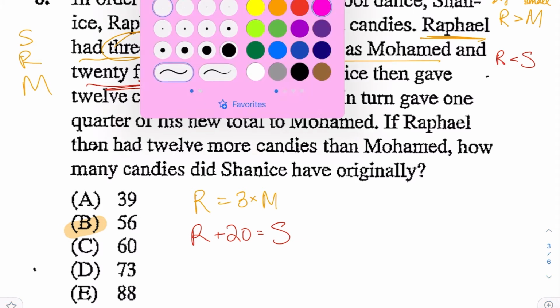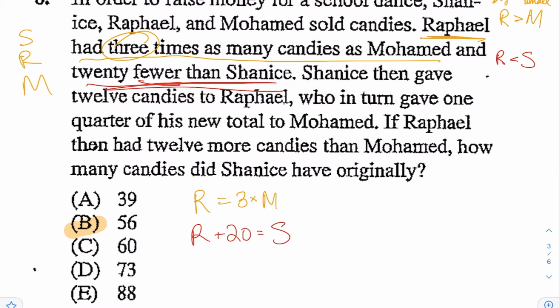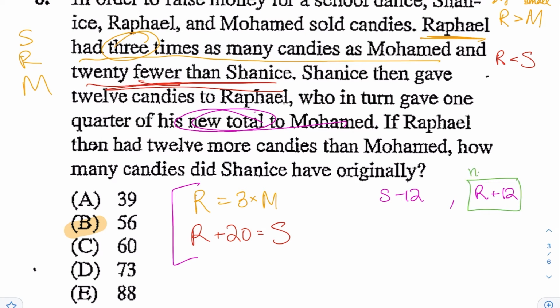Now, from these two equations, you know that Shanice then gave 12 candies to Raphael. So what that means is Shanice subtracted 12, and Raphael added 12. But then Raphael gave 1/4 of his new total to Muhammad. So his new total is R plus 12. What Raphael is going to do is give 1/4 away.